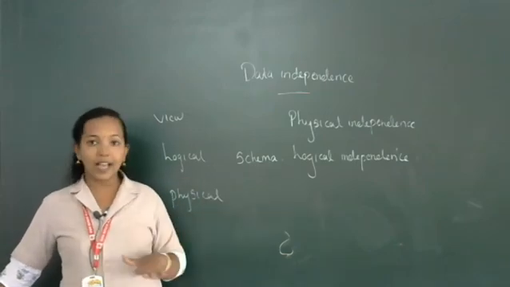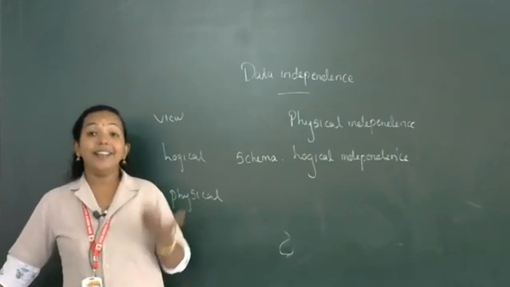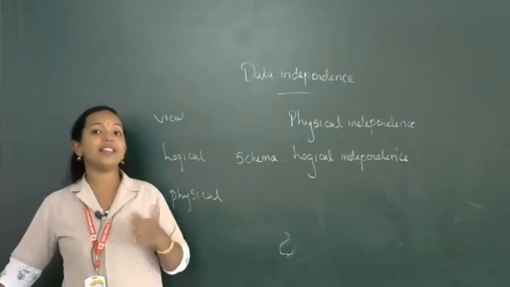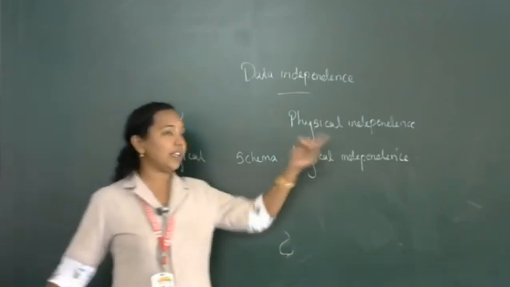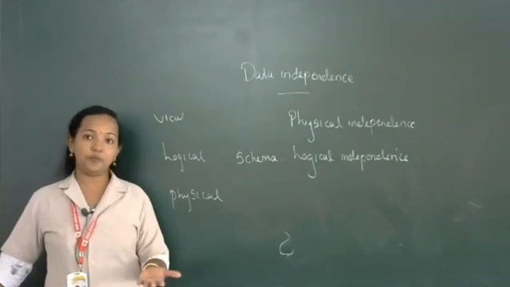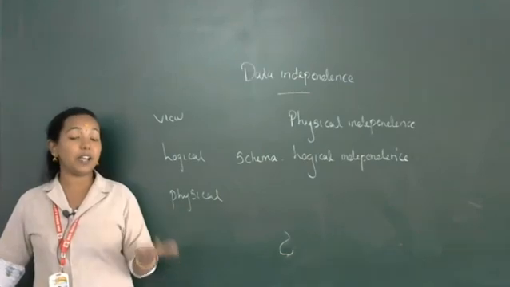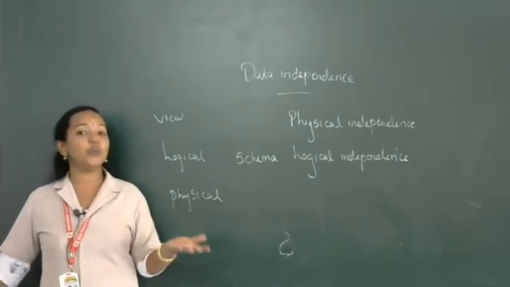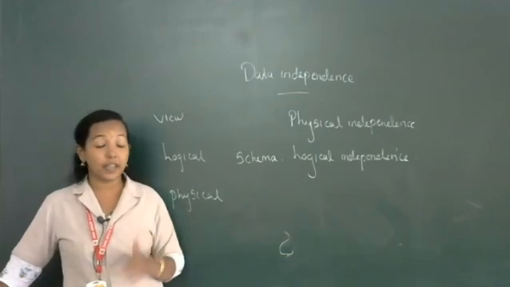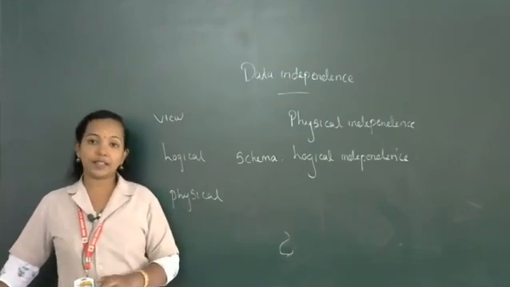In physical independence, we modify the physical level without affecting the logical level. In logical independence, we modify the logical level, but it does not affect the view level. Logical independence is more complex than physical independence.